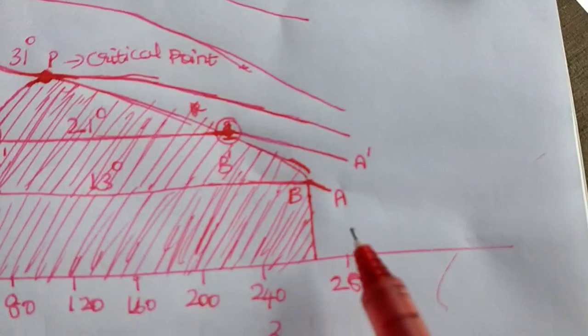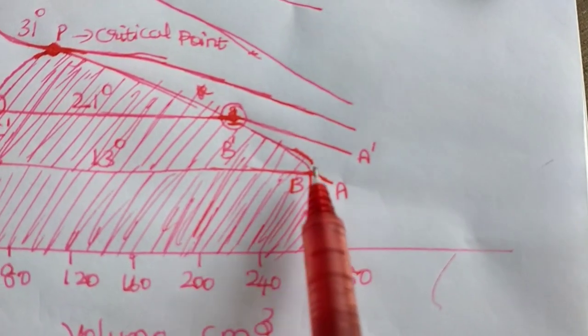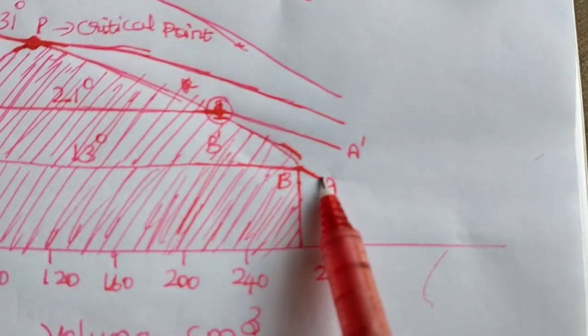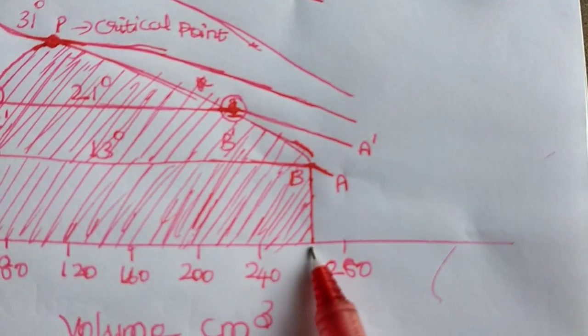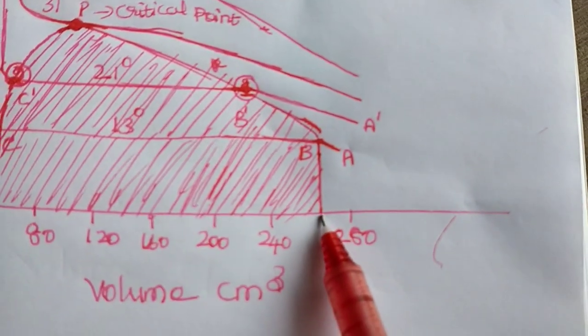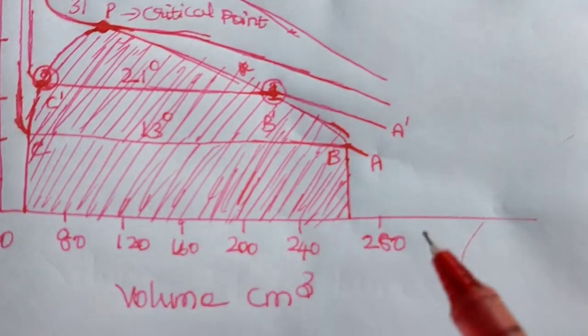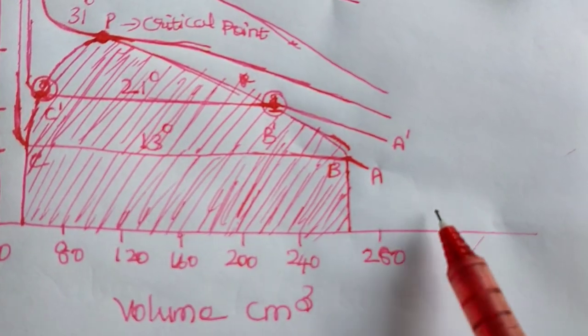We can see this decreasing volume from A to B, from 280 to 270 or 260, it is decreased. You have to listen carefully.